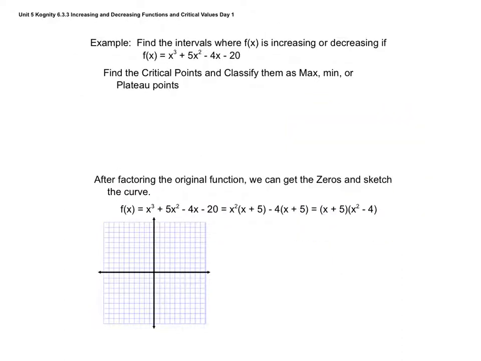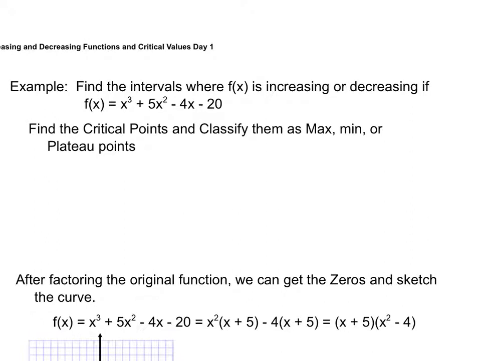So let's take a quick look at this one here, okay? We have this function. Find the intervals where f of x is increasing or decreasing if f of x is x cubed plus 5x squared minus 4x minus 20. Now, you sketched graphs like this back in pre-calc honors, but you weren't able to actually find max or min points.